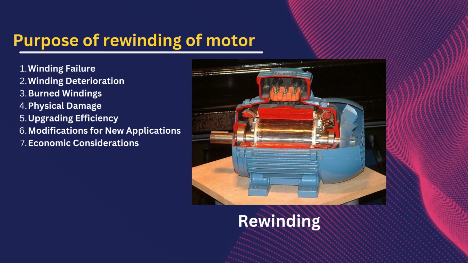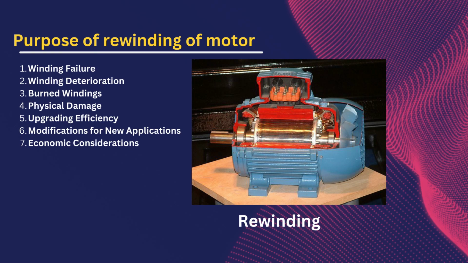Third is burned windings. If a motor experiences severe overheating, the windings can get burned or damaged. This can occur due to prolonged overheating, voltage imbalances or restricted ventilation. Rewinding is necessary to replace the damaged windings and restore the motor's operation.